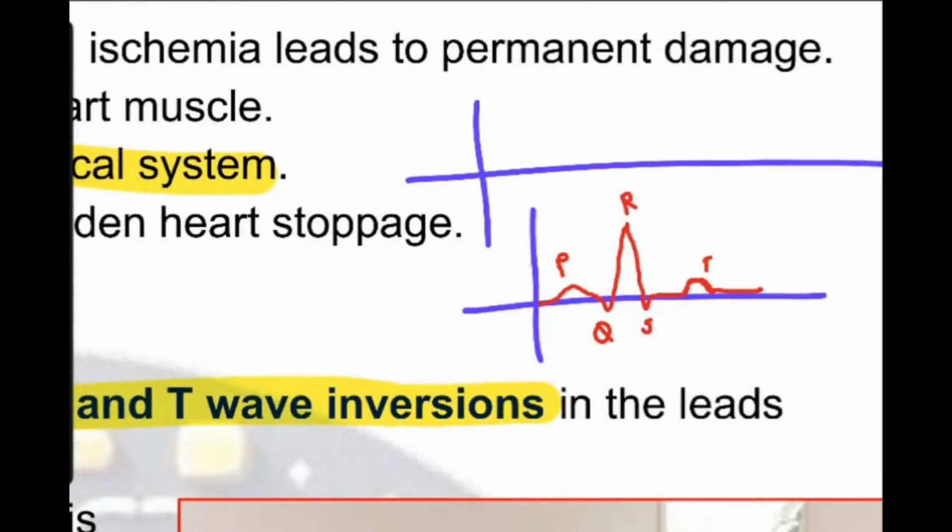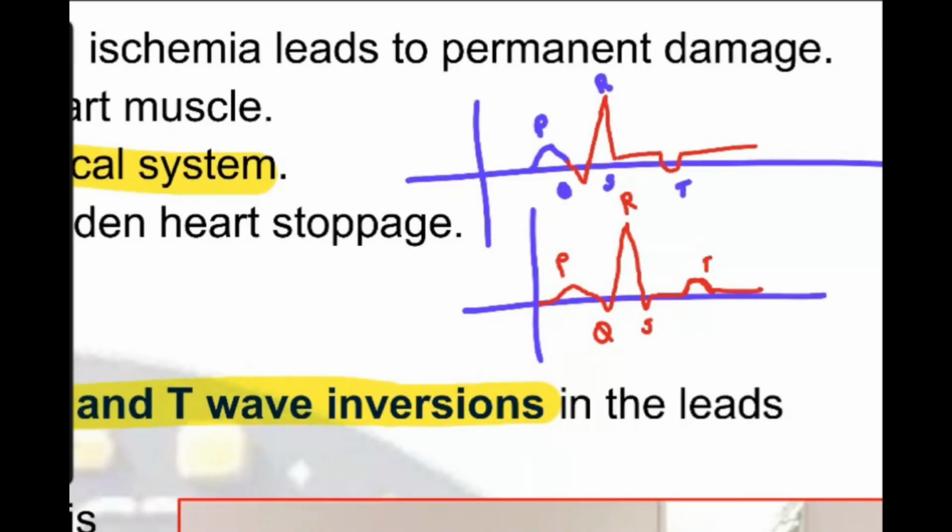In angina, what might happen? P wave will be like this. Q is also okay. Q, R, S, T. Notice the difference.